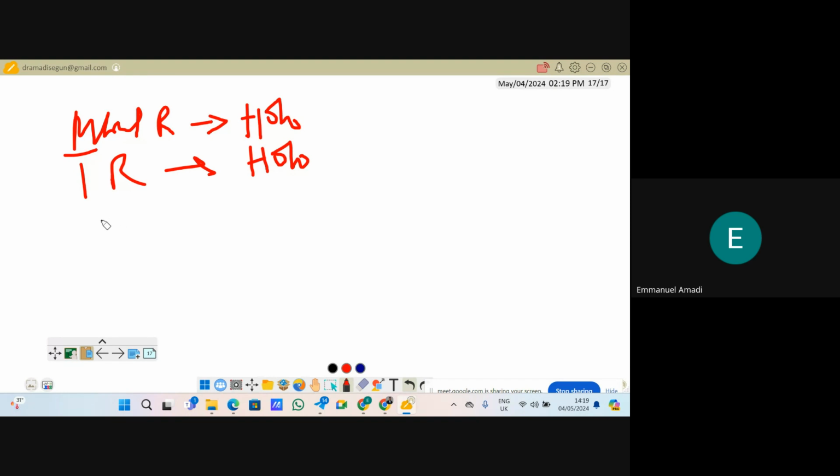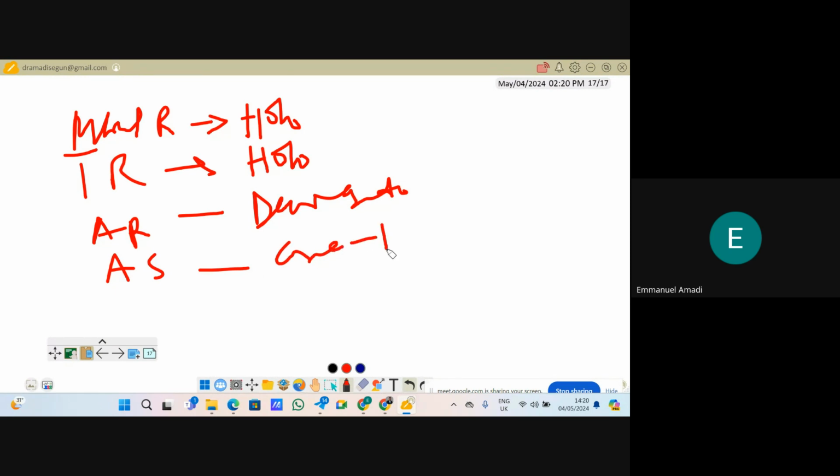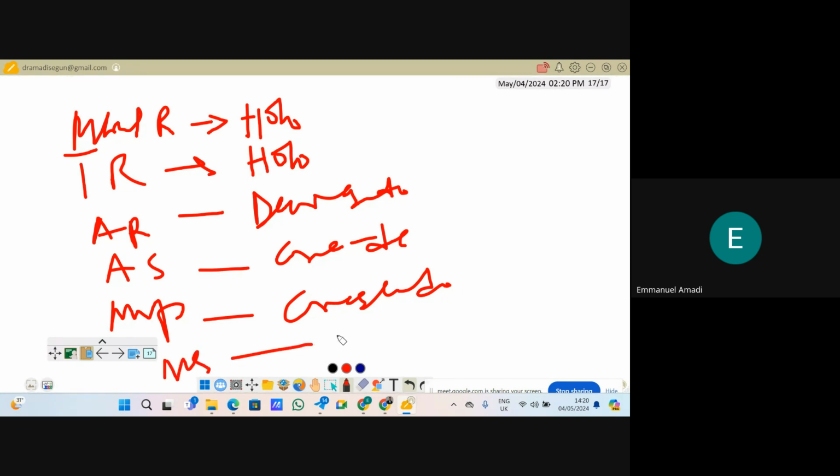Now, when you talk about your aortic regurg, it is decrescendo. Aortic stenosis is crescendo-decrescendo. Now your MVP is crescendo alone as it is going up. Your mitral stenosis is the one that will have the opening snap.